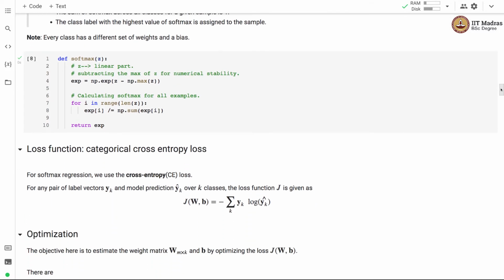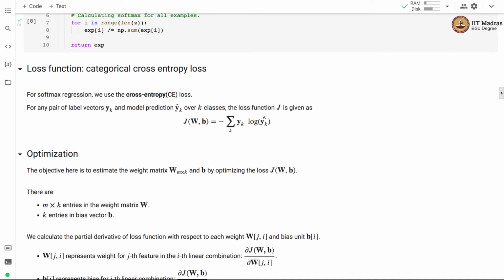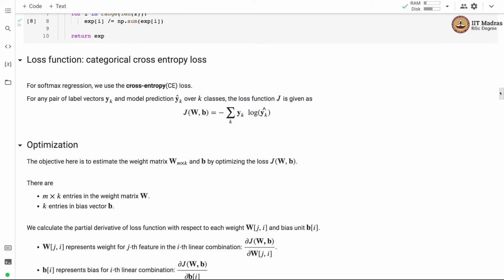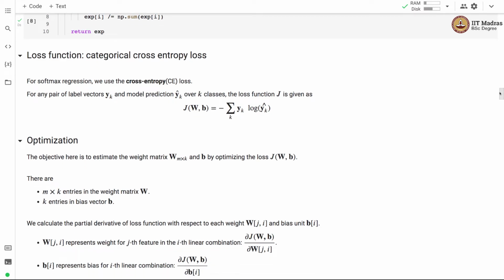So this was about the model. The next step is the loss function, and here we are using categorical cross entropy loss.